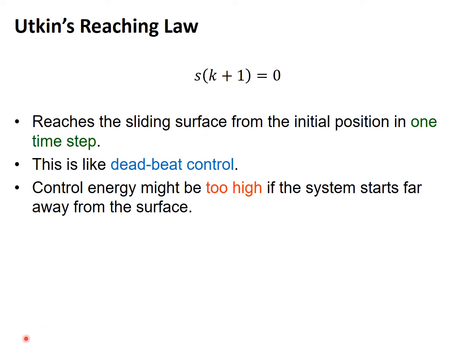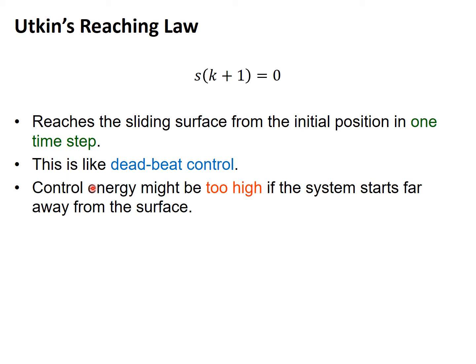The Gauss reaching law comes in the class of switching reaching laws. So there are two types of reaching laws in discrete time sliding mode control: switching reaching laws and non-switching reaching laws. Whereas in continuous time, all reaching laws contain the switching term. They have to contain the switching term. That is the fundamental thing in continuous time reaching laws. They cannot do away with the switching term.